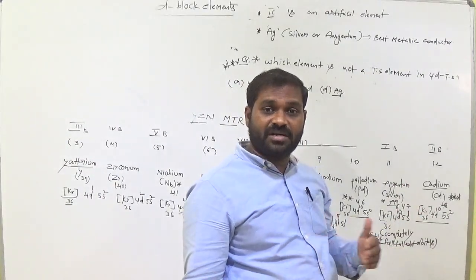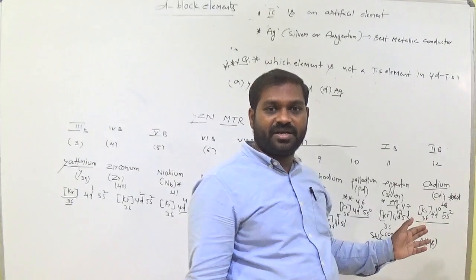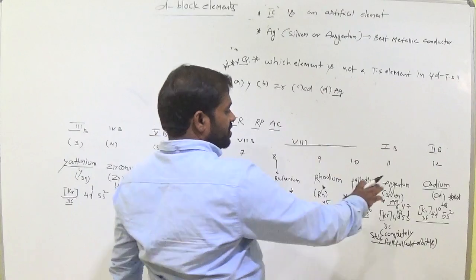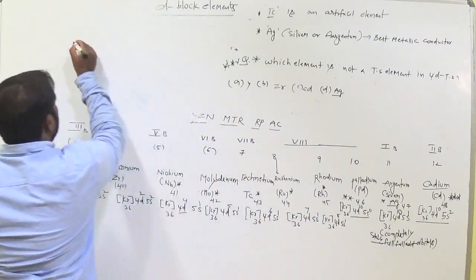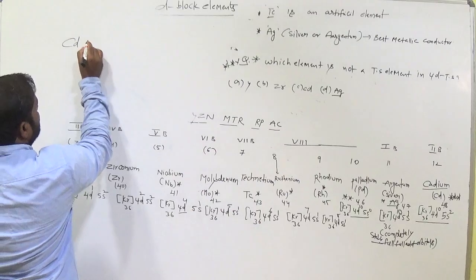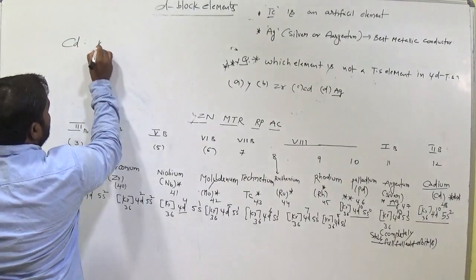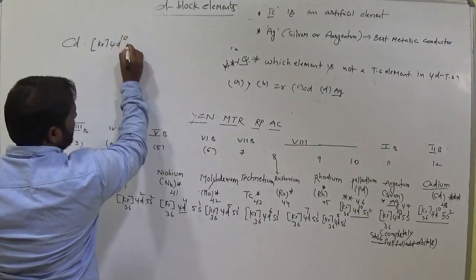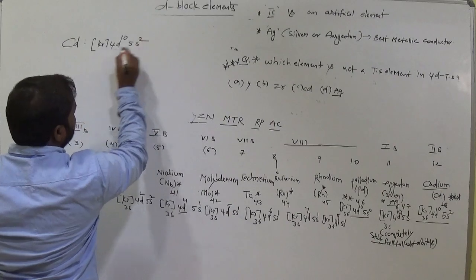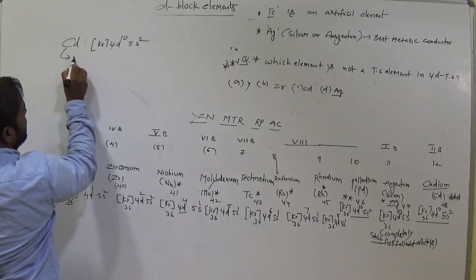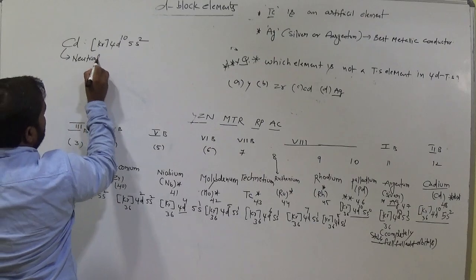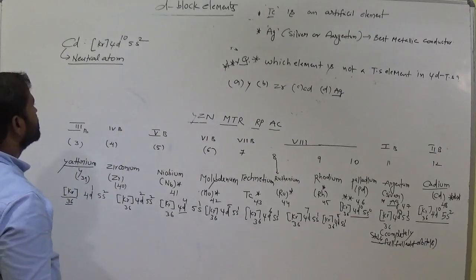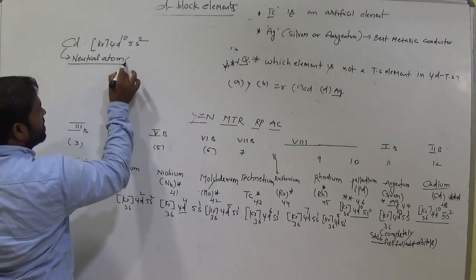Cadmium's electronic configuration is krypton 4d10 5s2. This is the neutral atom, neutral state.